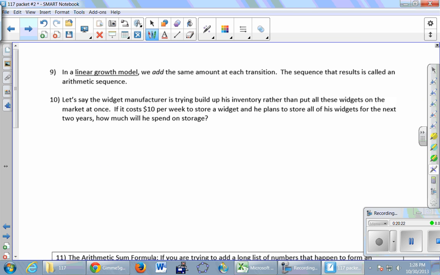Let's see, so we talked about number 9 already. Let's go to number 10. Barb. Let's say the widget means $10 per widget.